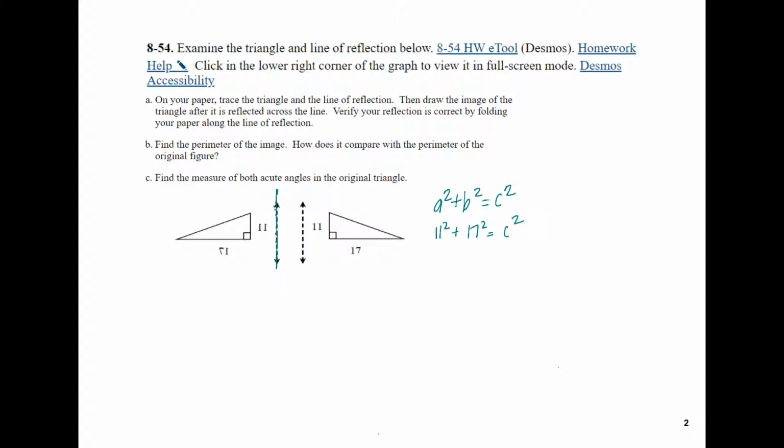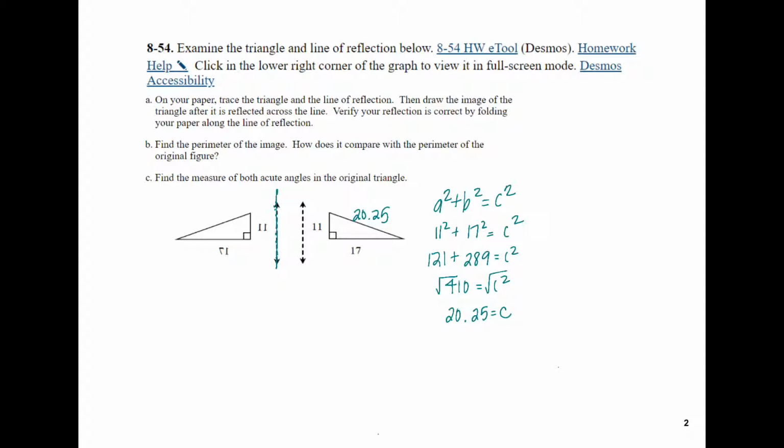When we square 11, we get 121, plus 17 squared is 289, which gives us 410 is equal to c squared. The inverse of squaring something is square rooting it, and we get approximately 20.25 is equal to c, or our hypotenuse.